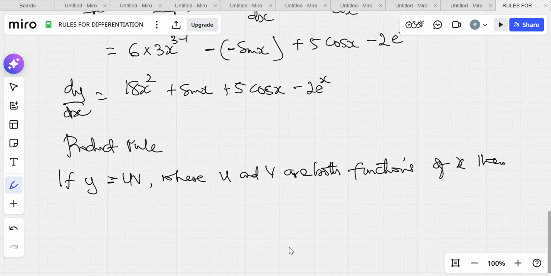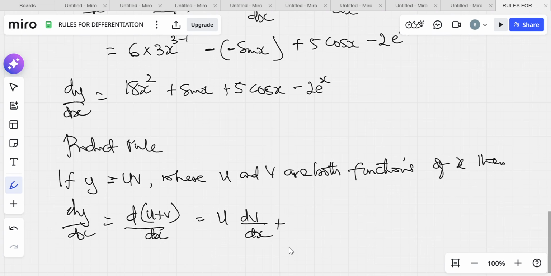So then we have that dy over dx will now be equal to what? d(uv) over dx, d(uv) is what? It is u dv over dx plus v du over dx.